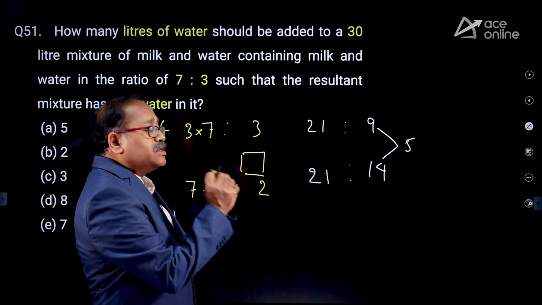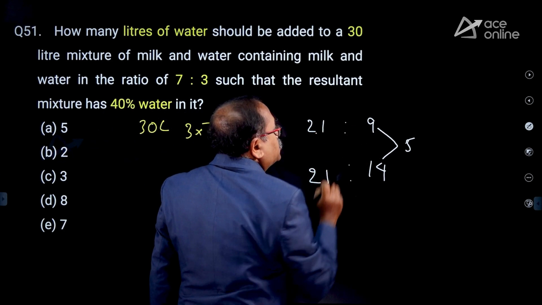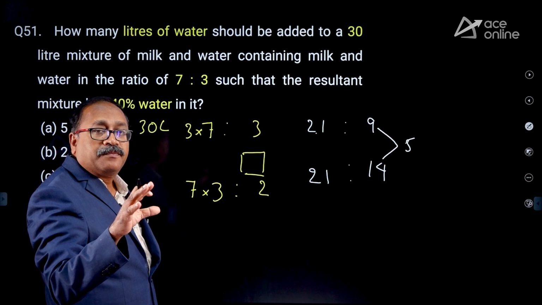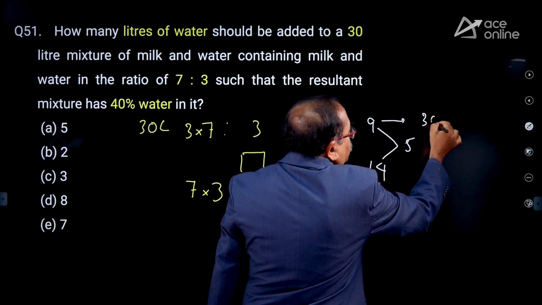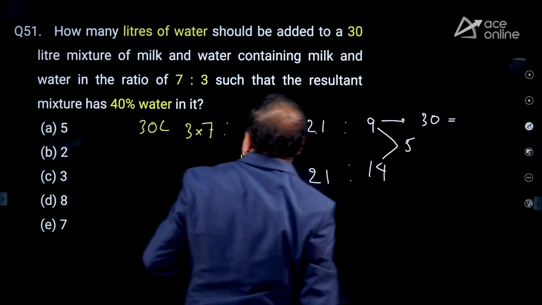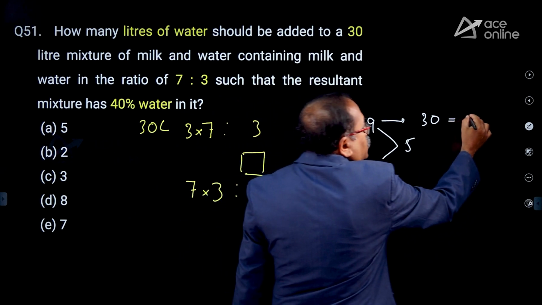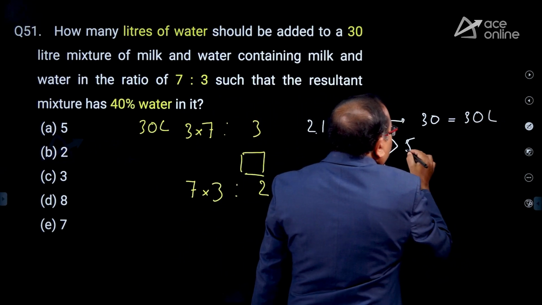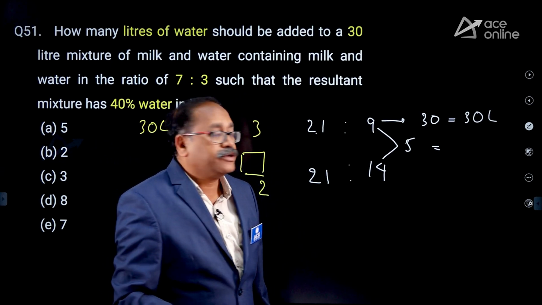Now 5 parts represents how many liters? That I can conclude from here, 21 plus 9, that's 30. Now this is 30 parts, okay. Now these 30 parts are equal to how many liters? 30 liters. So if 30 parts is equal to 30 liters, then 5 parts will be equal to how many liters? 5 liters.